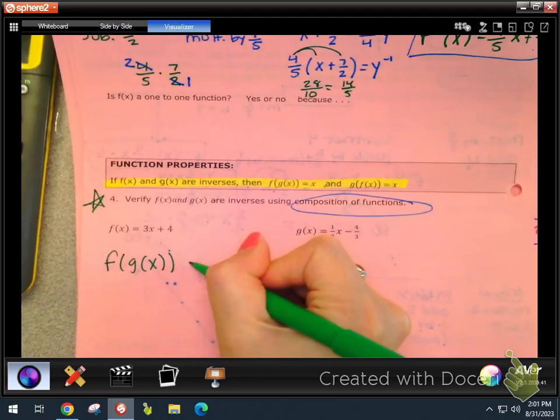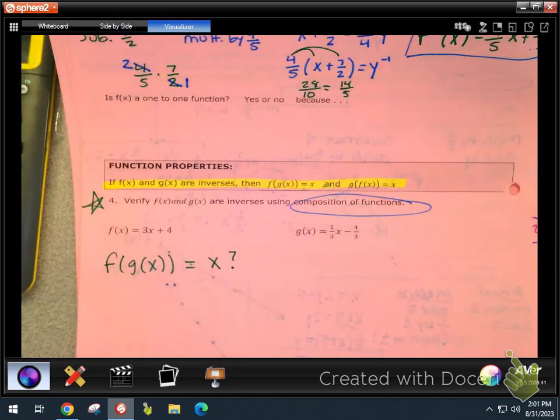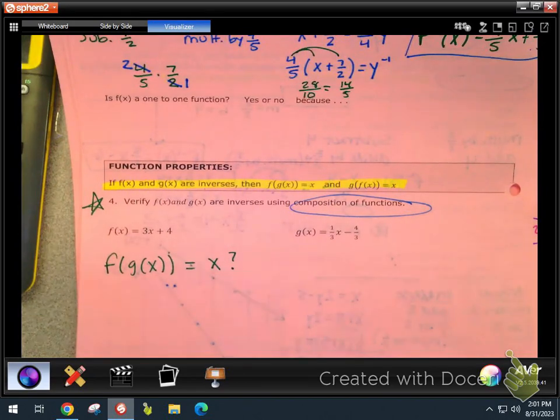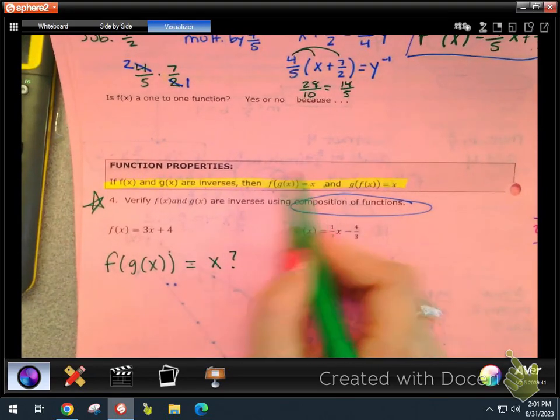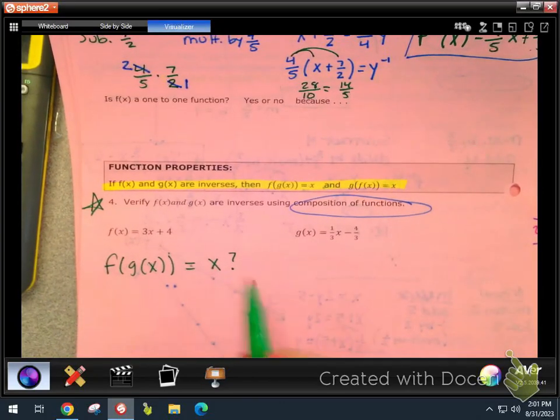And we want to test and see: is that equal to x? If it is, I have to check the other way. And if that is also x, then yes, these are inverses, because this is true and this is true. If you do one composition and it doesn't give you x, you can stop there. But if you get a yes, you have to check the other side.